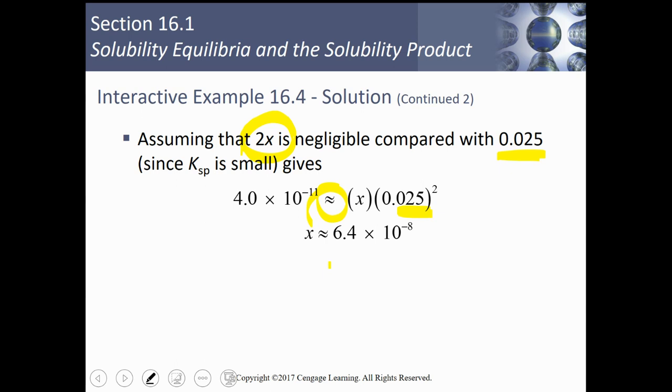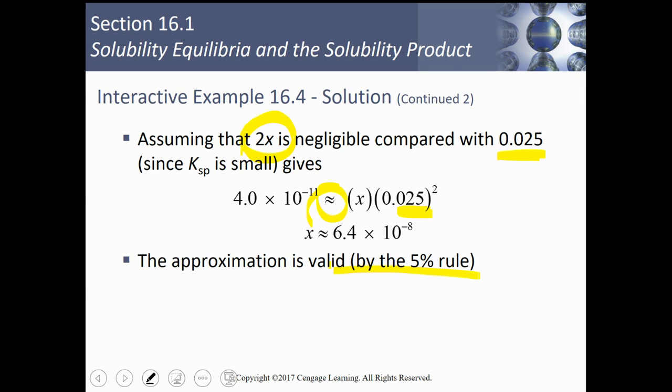And we get x to be about 6.4 times 10 to the negative 8, which is a pretty small number. It's also valid by your 5% rule. So remember that 5% rule being your x over your initial concentration, which in this case is F-, times 100. So it would be taking 6.4 times 10 to the negative 8 dividing by 0.025.